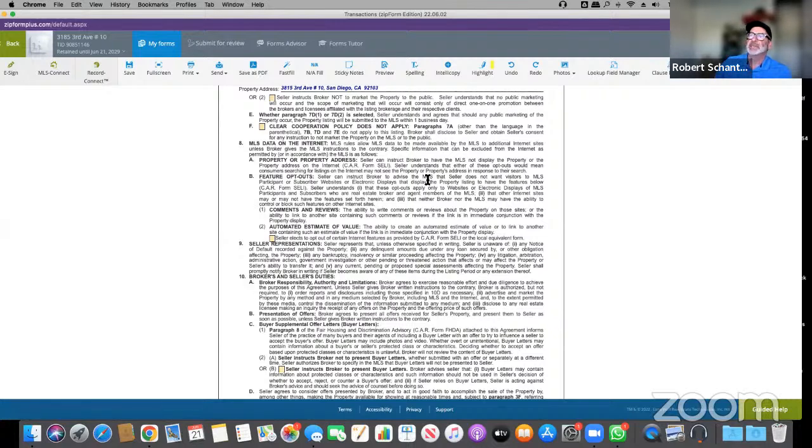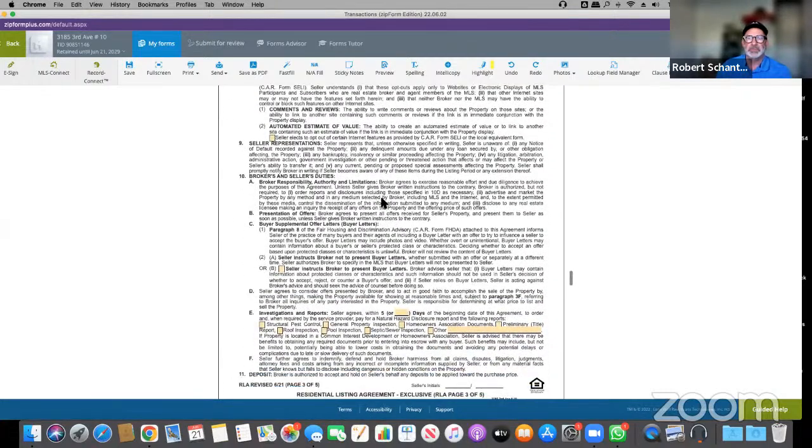But there are some instances like that. Item 9 talked about the seller representations, that there's no liens or judgments or lawsuits, or they have the right to transfer it, etc.